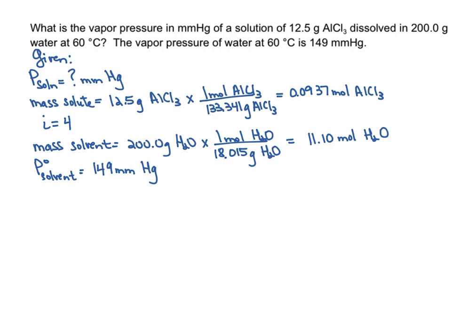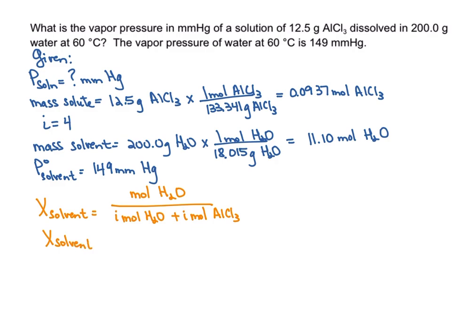Okay, so I'm going to start off by determining the mole fraction of my solvent, which equals the moles of my water over i times moles of water plus i times moles of aluminum chloride. Plug in my numbers. The moles of water is 11.1.